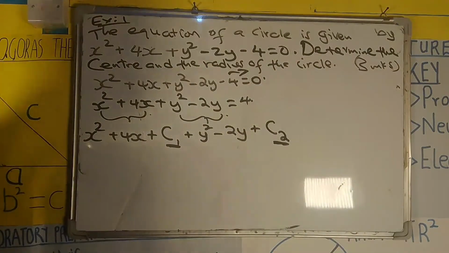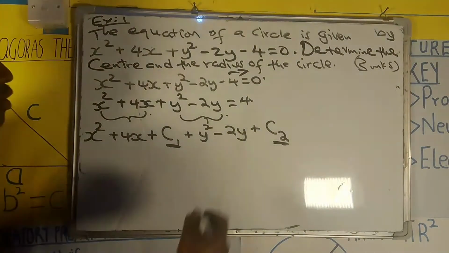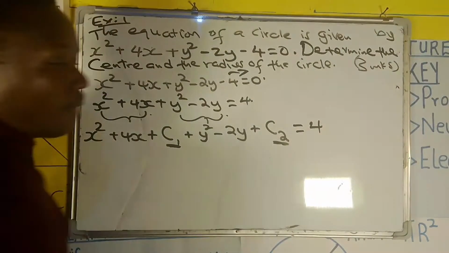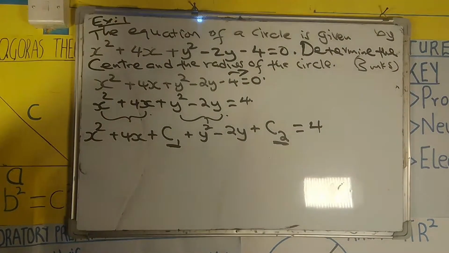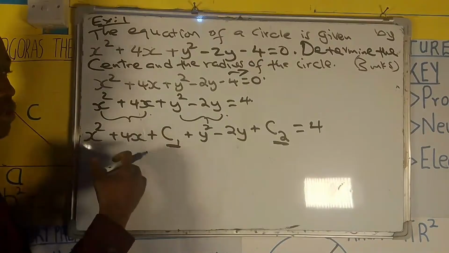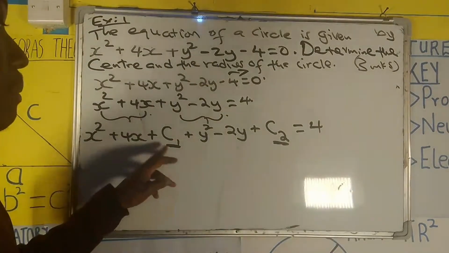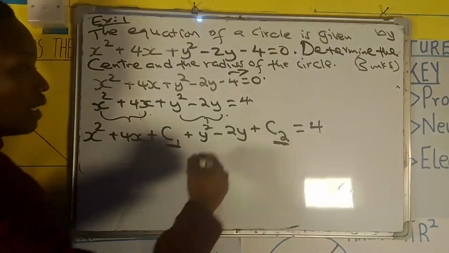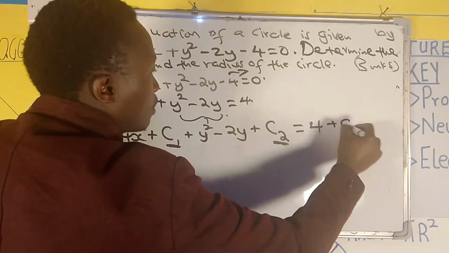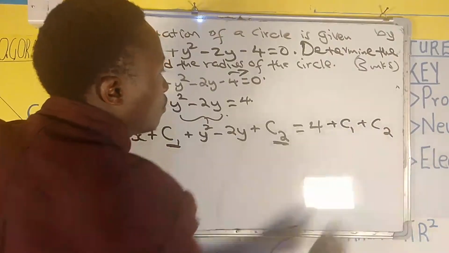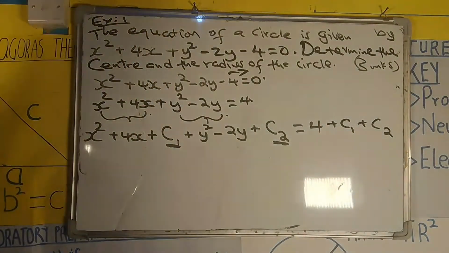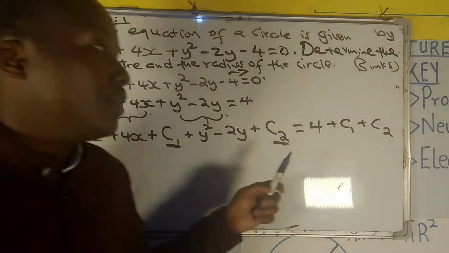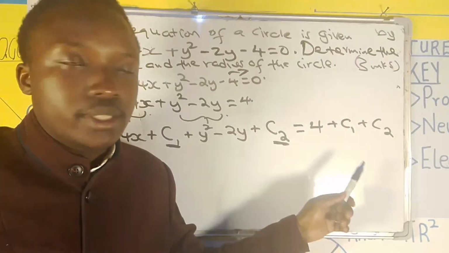We add both constants, which should be equal to 4. Then for us to maintain a balance, since we have added these two on this side, we must add them on the other side too. It will be plus constant 1 plus constant 2. We add both to ensure there is balance on both sides.